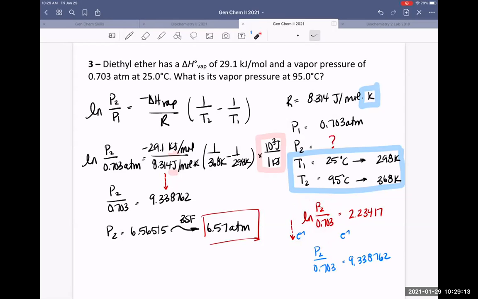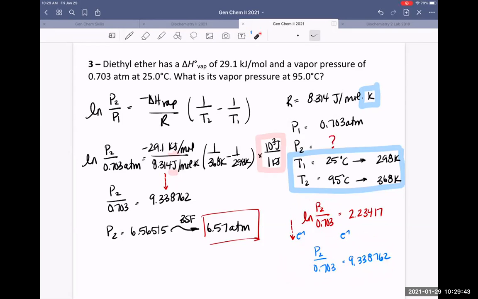That's how that comes down there. So e to the ln of something just gives you something. Everybody with me? And then e to the number is just going to give you a number. Now this algebra should be pretty simple. This is just multiplying these two together to solve for P2.